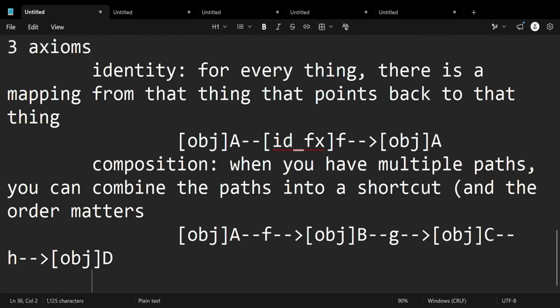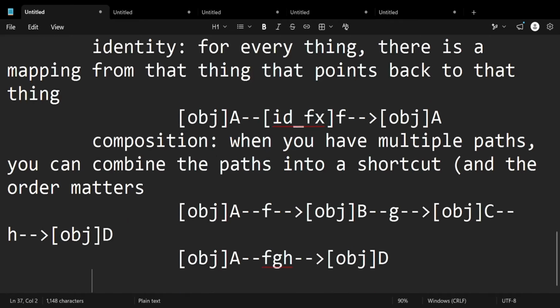So according to composition, technically, you can make a shortcut from object A to object D through the composition of F, G, and H. That reads like so. So you can group mappings together as long as they logically connect from one object to another.